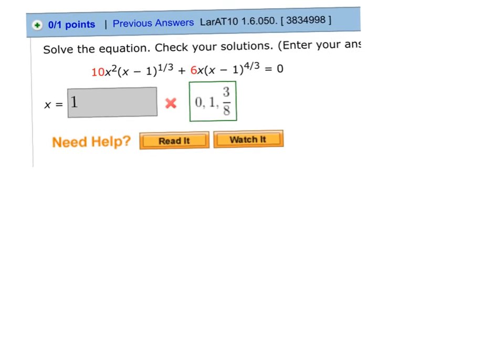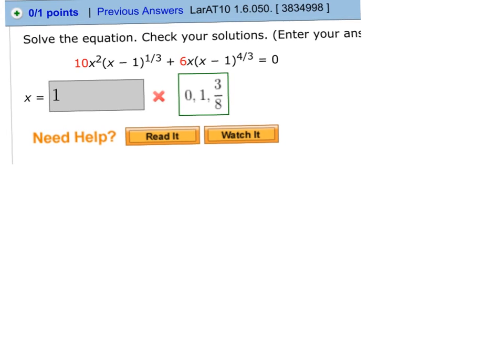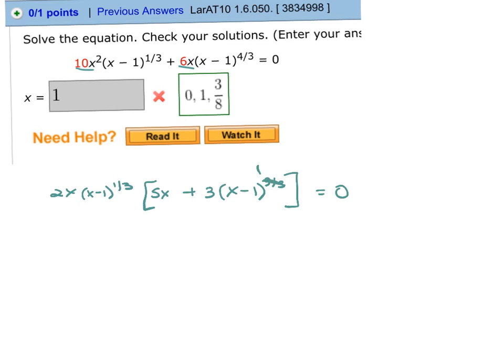So here's another version of that same question. This time I can take out an x minus 1 to the 1/3 and a 2x again. So I'd end up with 5x plus 3x minus 1 to the 3/3. This becomes 1.